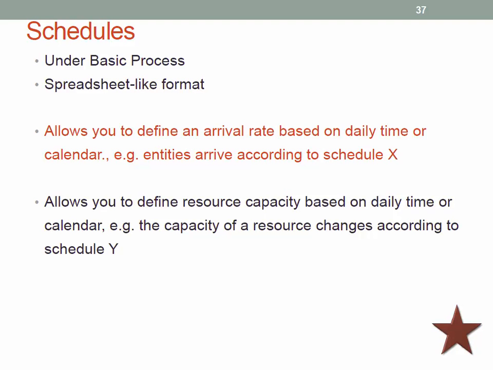the schedules are under the basic process module in Arena, and they show up as one of the spreadsheet icons inside this basic process module. It allows you to define an arrival rate based on the daily time or calendar, and the entities will arrive according to this schedule.